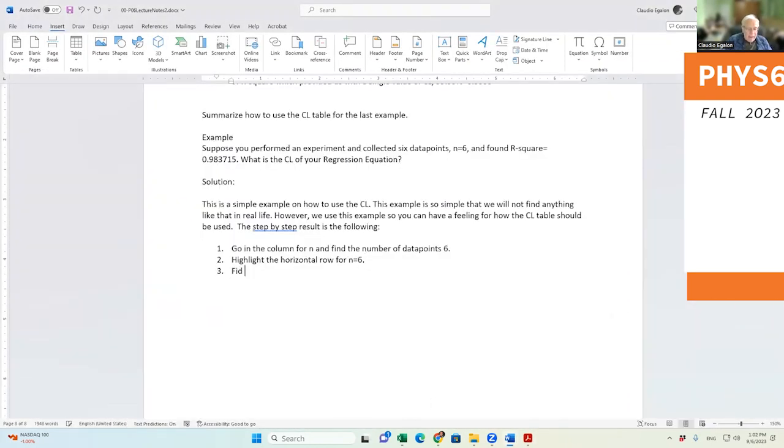3. Find the corresponding R square value, which, coincidentally in this case, coincides with the critical value of R square.